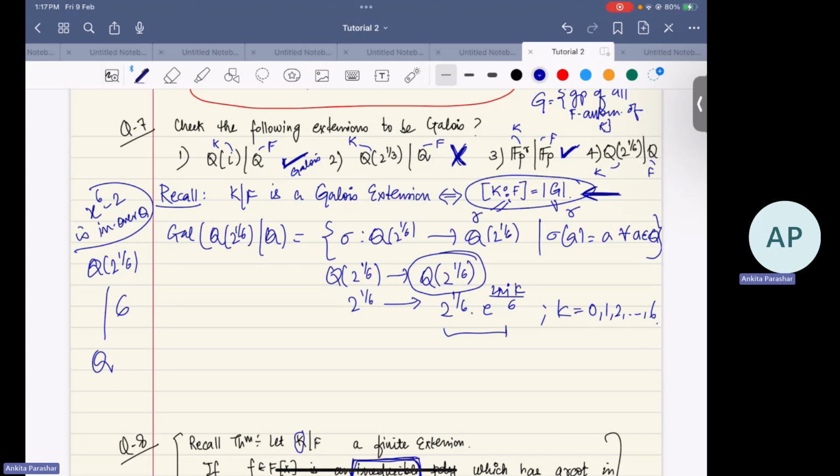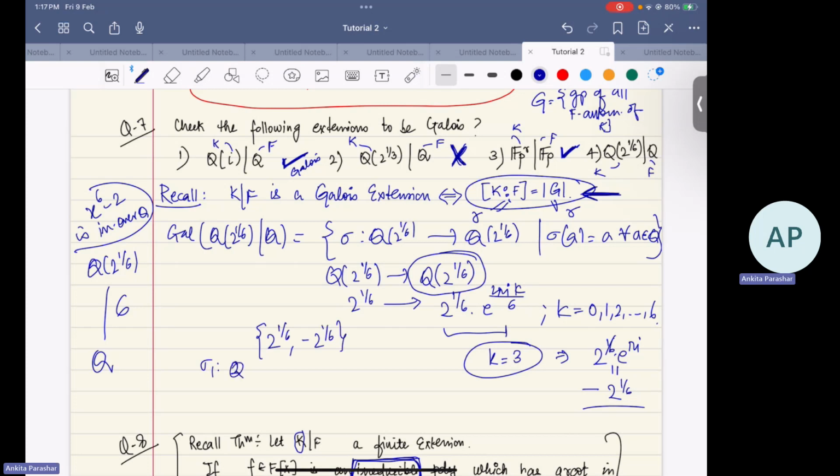How many elements, if you see from this product, are real, not the complex ones. Notice if k is 3, then only you will get a real root, which is e^(πi). 2^(1/6) e^(πi) is nothing but minus 2^(1/6). So 2^(1/6) and minus 2^(1/6) are the only possibilities.